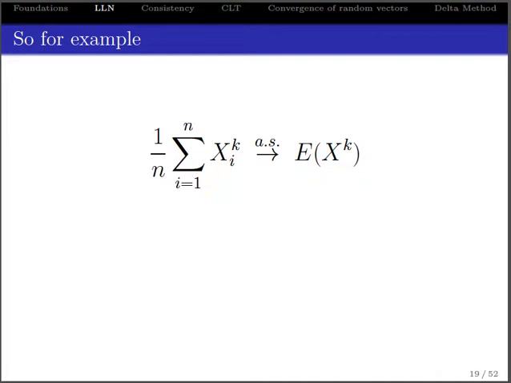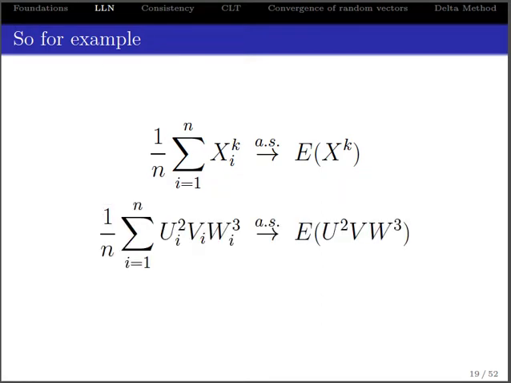And so, for example, you can approximate the expected value of x to the k by raising the individual simulated xi values to the power k, or even multidimensional things like the expected value of u squared times v times w cubed, which might be very, very difficult to do analytically, and yet you can get an approximate numerical value very easily with the law of large numbers.